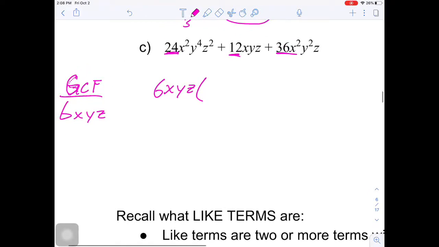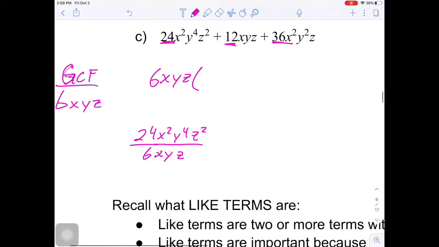multiplying. Now, let's do this step by step. So 24 dividing 6. I remember I'm taking my value here, 24x squared, y to the power of 4, z squared, and I'm dividing by 6xyz. 24 dividing by 6 gives me 4.